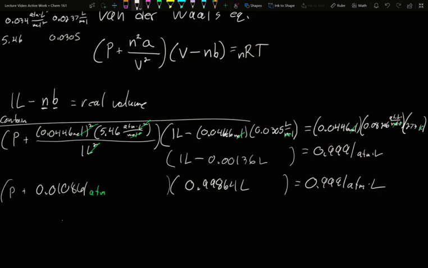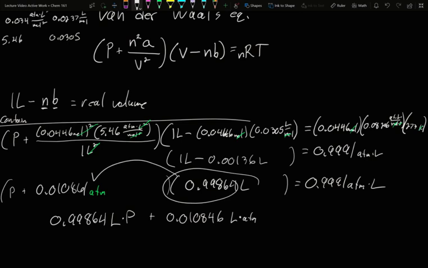Multiply these together, 0.99864 liters times pressure plus 0.010846 liters times atmospheres. So we multiplied our liter by both parts.